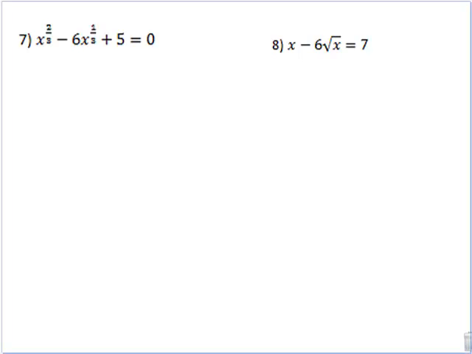Number 7, x to the 2/3 minus 6x to the 1/3 plus 5 is equal to 0. Okay, so how could I write this so that I can get a quadratic, which we could solve a little bit easier? What do we want to let u equal?